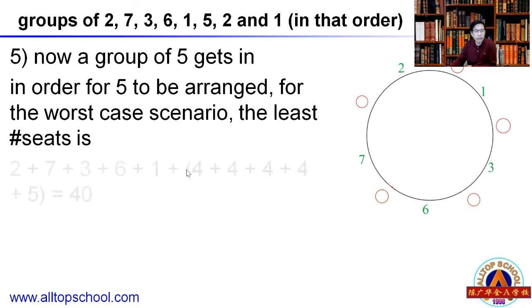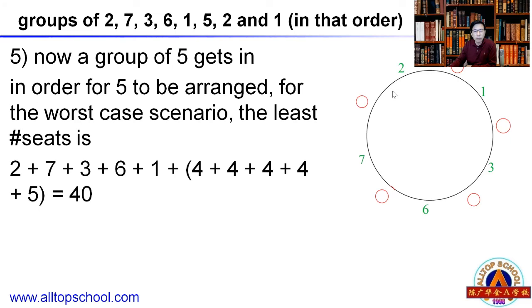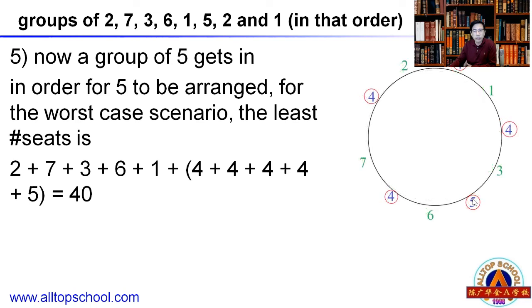The seats already arranged will be 2 plus 7 plus 3 plus 6 plus 1. And the 5 gaps could be 4, 4, 4, 4, and then 5 available. So altogether it will be 40 to ensure all the groups could be arranged properly.